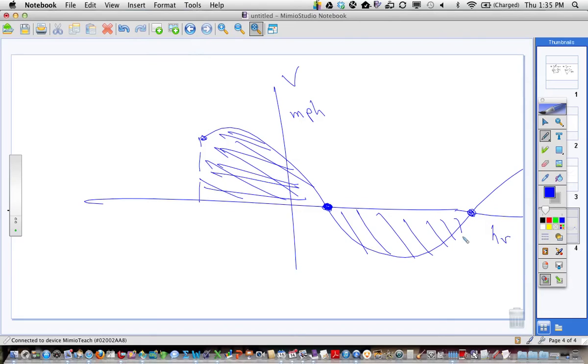It moved to the right for a while, then back to the left. If it went right 10 miles and came back left 8 miles, its displacement was 2, still 2 miles to the right. That's where the negative comes into play in a real life situation. So if a problem with velocity says explain it in car talk, meaning distance traveled, that's why we do this whole area integral idea.